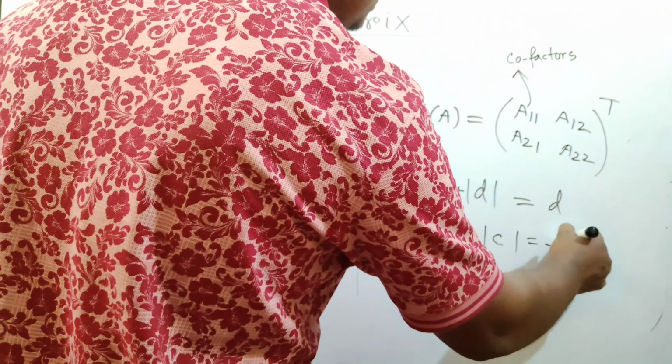And A21: here 2 plus 1 is 3, which is an odd number.